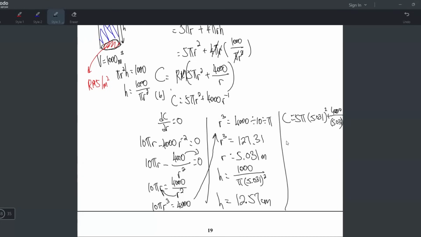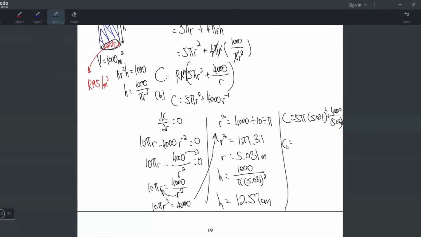Okay, now I will press 5 times 3.142 and then times 5.031 square and then plus 4000 divide 5.031. Okay, my calculator gives me 1192.71.